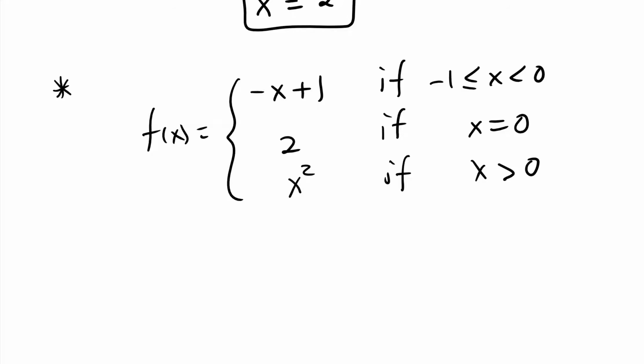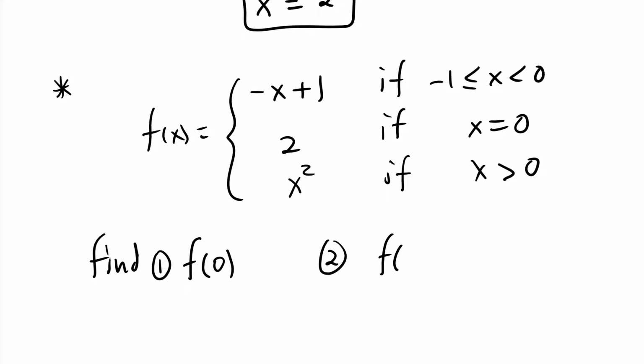So if we are given a function like this and we're asked to find part 1, f of 0, f of 4, f of negative 1.